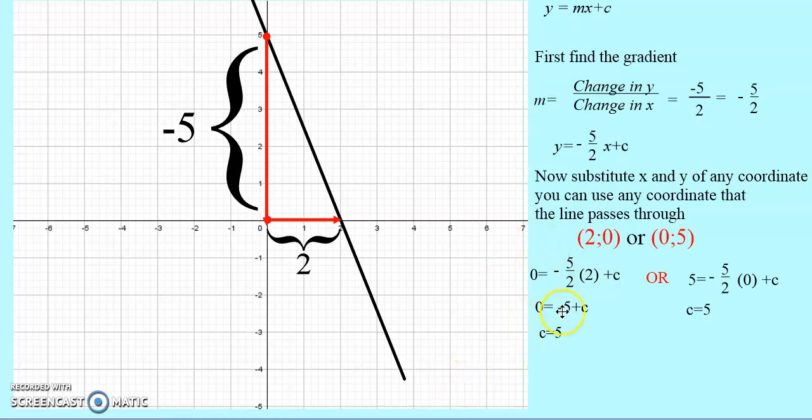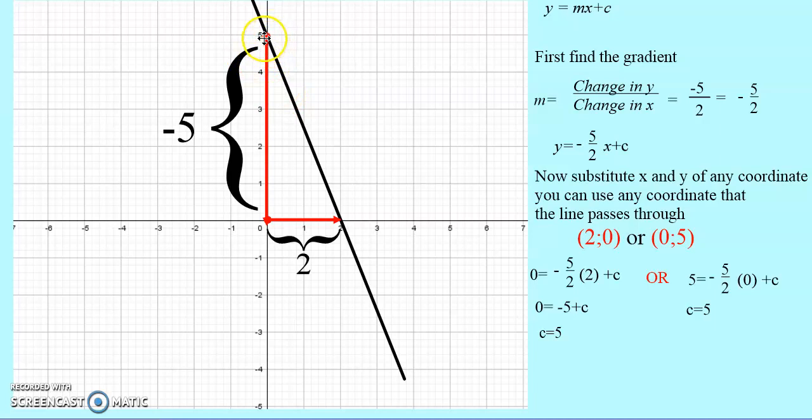So if I substitute 2 and 0, which means my x value is 2 and my y value is 0. So if I continue now, 2 will cancel out 2. Now we'll be left with negative 5. Then I add 5 on this side. I must add 5 on that side. So c is equal to 5.